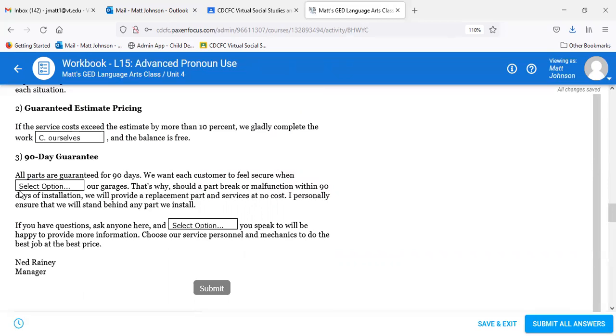All parts are guaranteed for 90 days. We want each customer to feel secure when they leave. In this case, it's going to be singular again. And this is one they're really making you watch for.